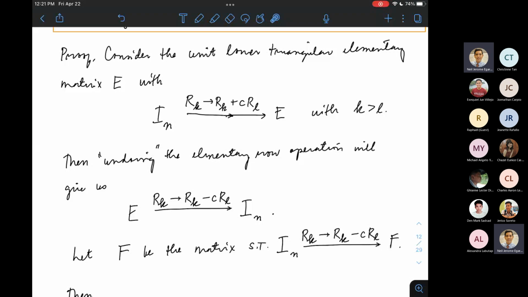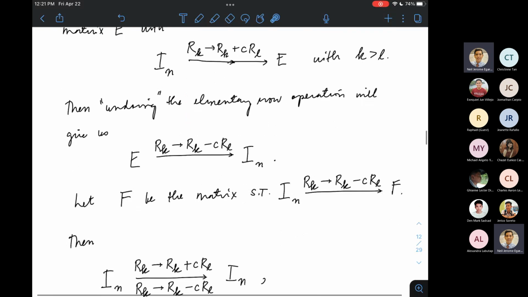Alright? So if that is the case, then it's easy to see na, kung gusto kong makabalik mula kay E, pabalik sa identity matrix, kailangan ko lang i-restore yung kth row niya pabalik dun sa kth row ng identity matrix.